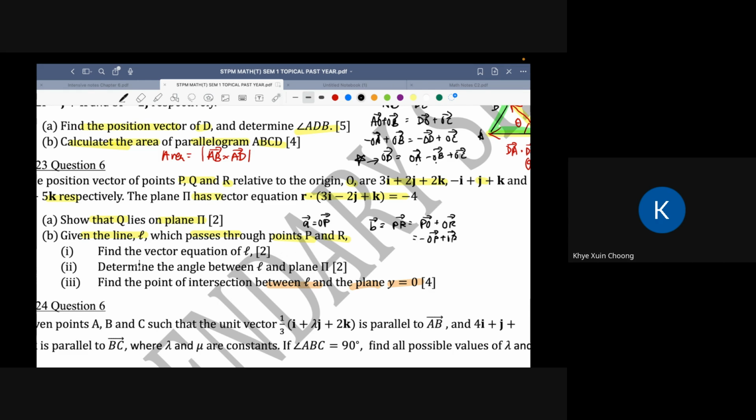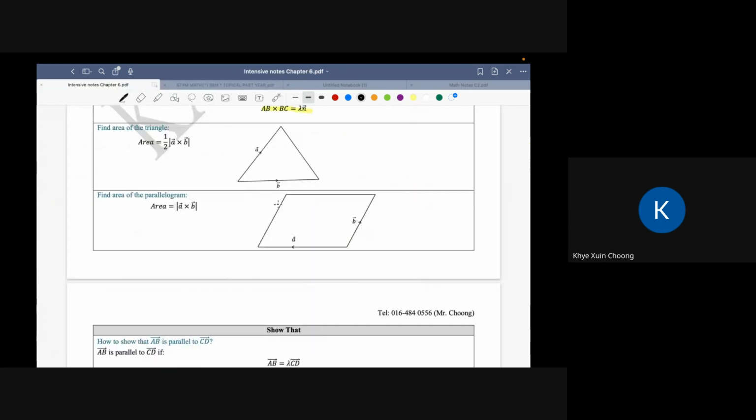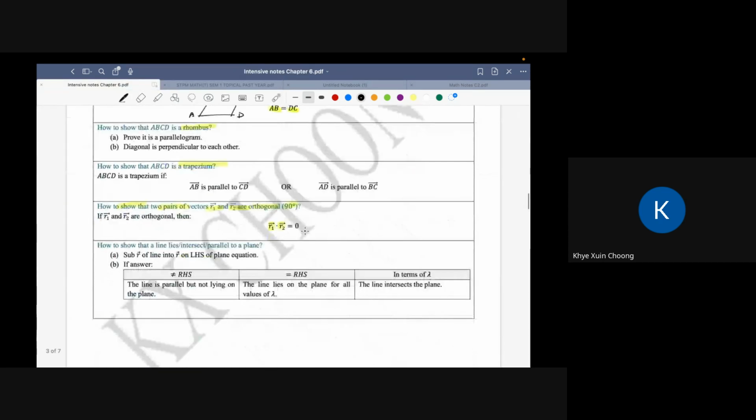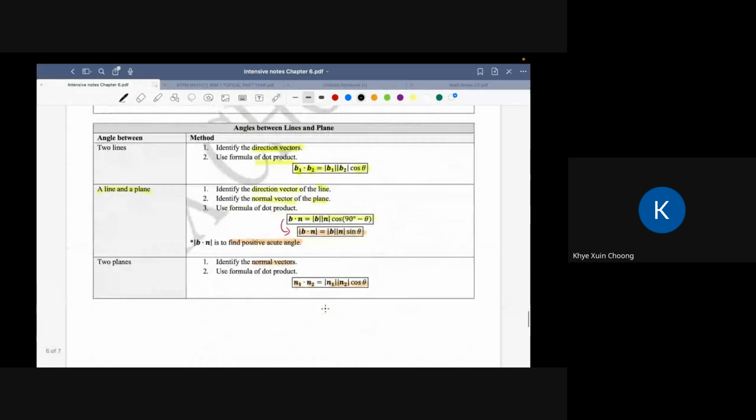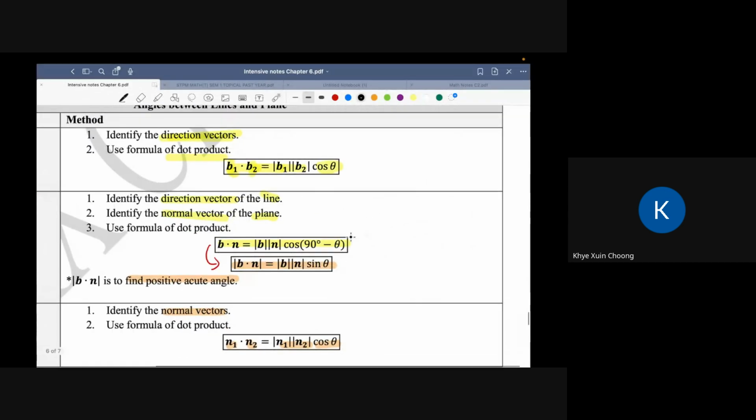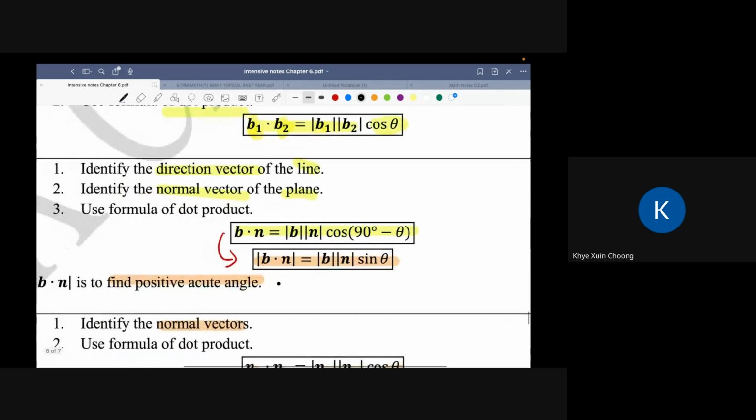Okay, the second question, determine the angle between the line and the plane. How to determine the angle between a line and a plane? Just now I said you can memorize this equation. If you don't memorize, it will be quite difficult for you. So normally we use this formula, modulus b dot n equals |b||n| sine theta.